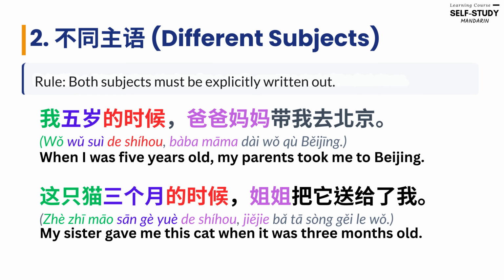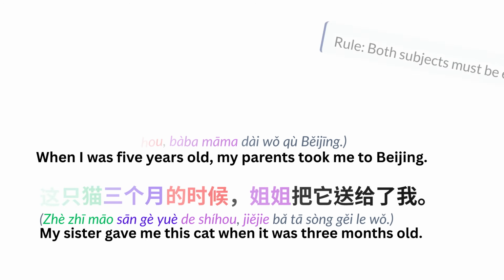Subject 1 is I, 我, and subject 2 is parents, 爸爸妈妈. Example 2. 这只猫3个月的时候姐姐把它送给了我. My sister gave me this cat when it was 3 months old. Here, the two subjects are the cat, 这只猫, and older sister, 姐姐.